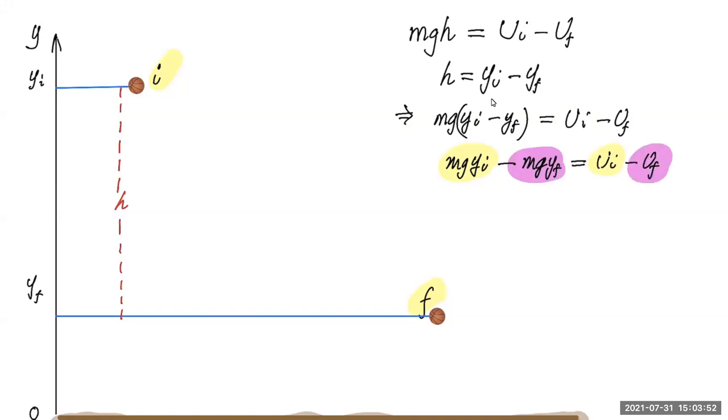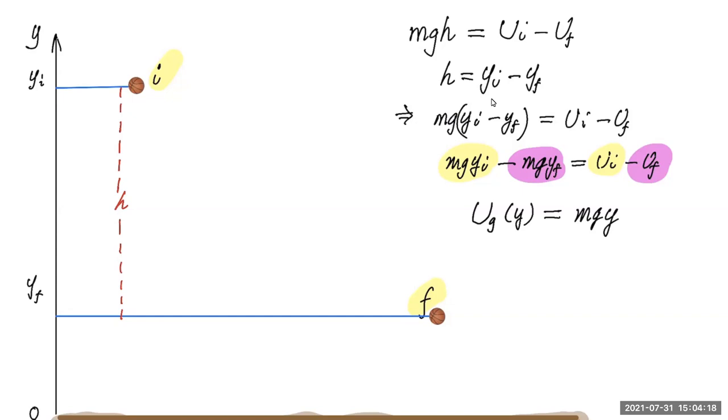So naturally you would say the expression of U, with a subscript G for gravity, as a function of y is just equal to mgy. Well, is that right? Certainly there's nothing wrong with that. This certainly is a valid expression for the gravitational potential energy.